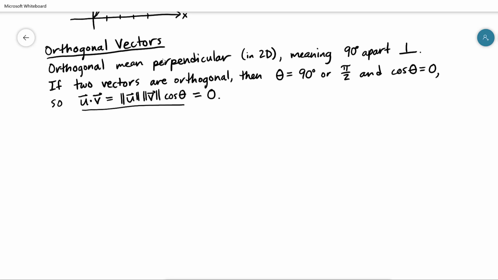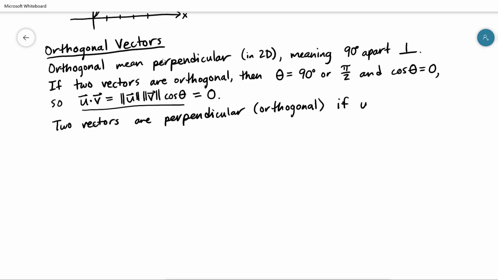What this means, in short, is two vectors are perpendicular or orthogonal, whichever word they use is fine, if u dot v equals 0. Sorry, not a 0 vector, 0.